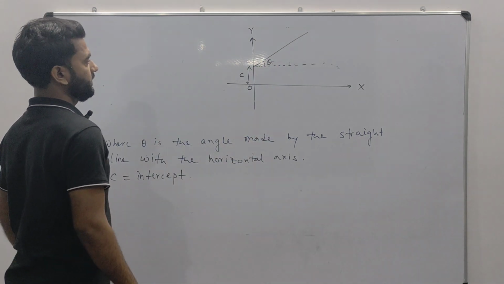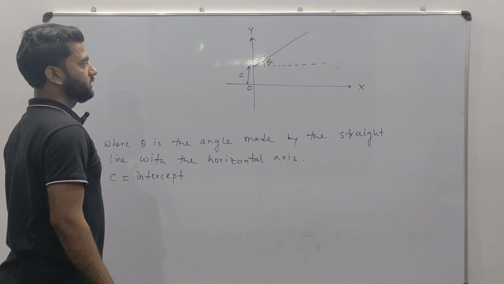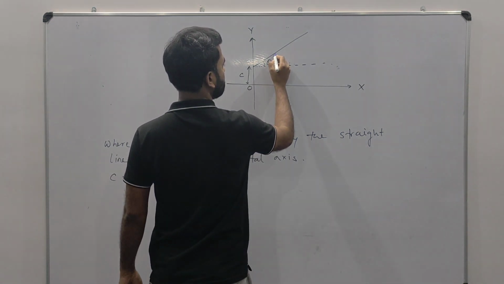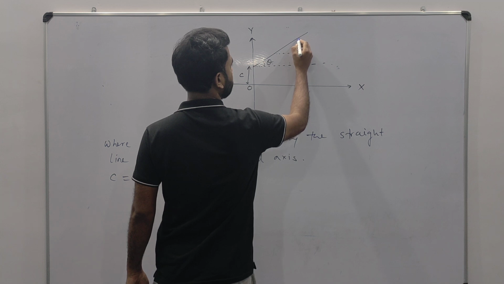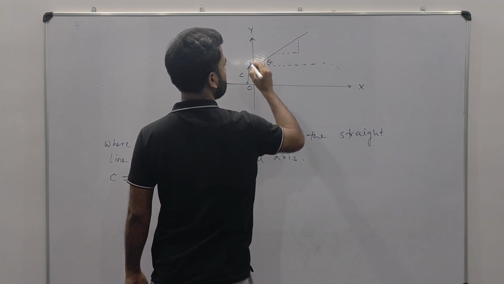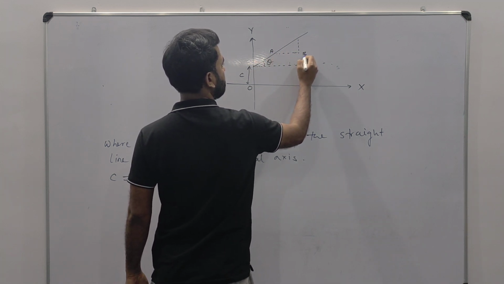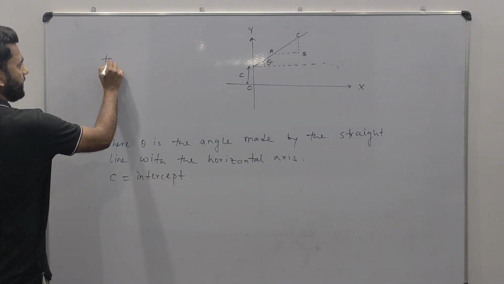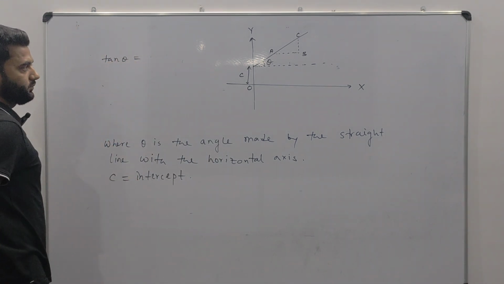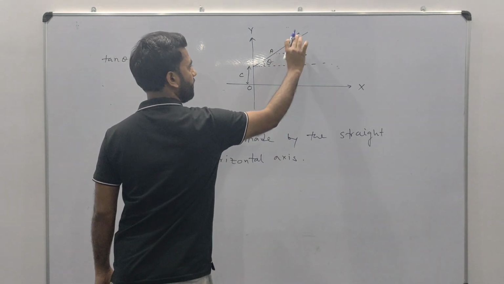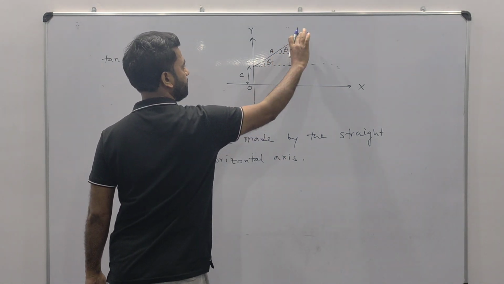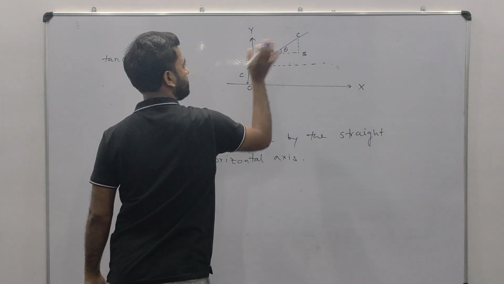In this case, tan theta will be the slope. If we consider a triangle ABC, then tan theta will be equal to perpendicular by base. If this is theta, then this will be theta also. So this is the perpendicular and this is the base.